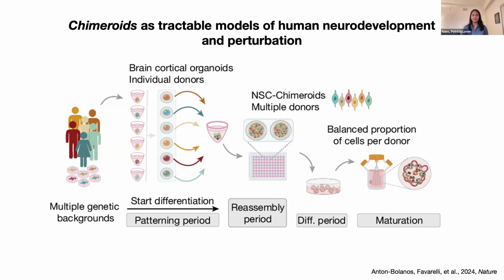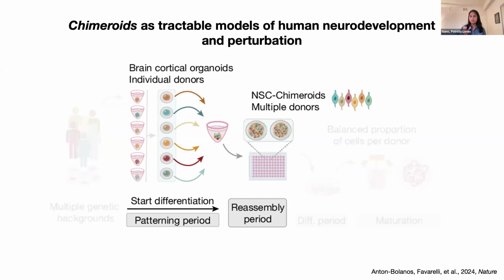That's already very exciting. But one part here that really piqued our interest is that the step of dissociation and reaggregation, that's actually a great way to introduce genetic perturbations into this organoid system.